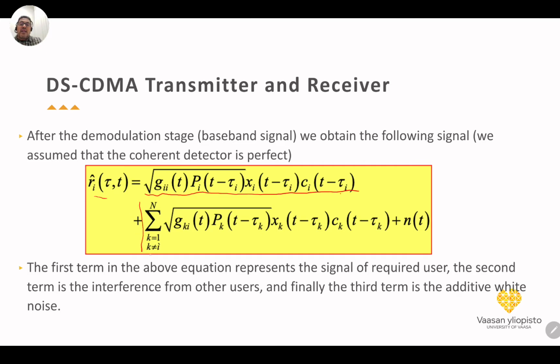The others are from k equal to 1 up to n, but k does not equal i. It means that all the other interference except the ith signal is in the second term here. The third term is for the additive noise. Additive noise, I have nothing to do with it. It will be with me in every stage in my receiver.